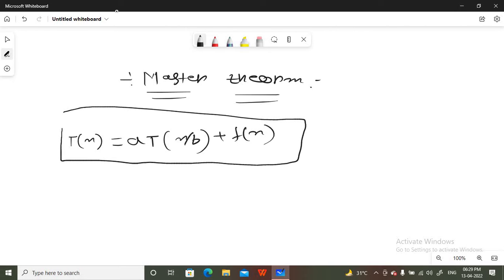Without this shape of the equation, it is not possible to apply the master theorem. And the second thing, you have to check whether the a variable is greater than or equal to 1 and b is greater than 1.